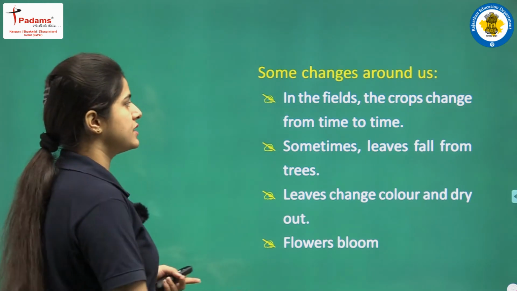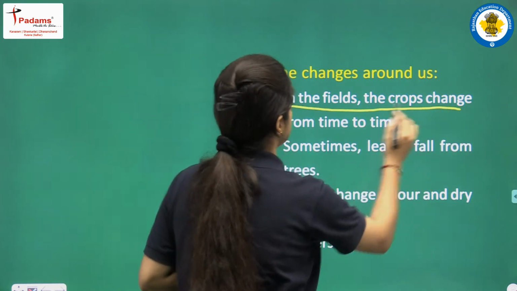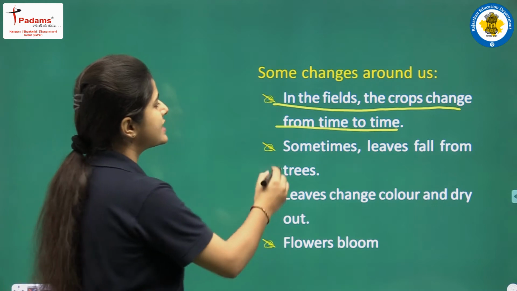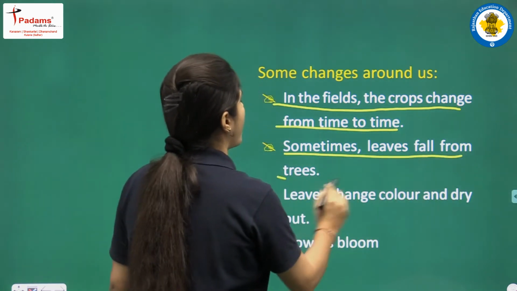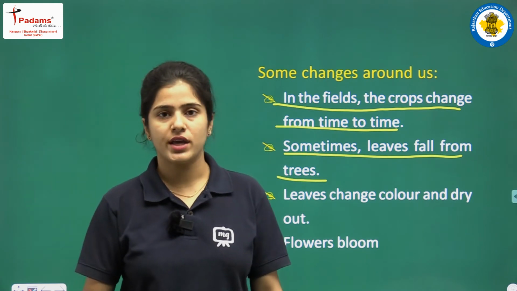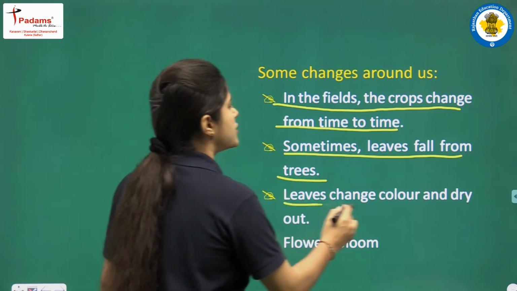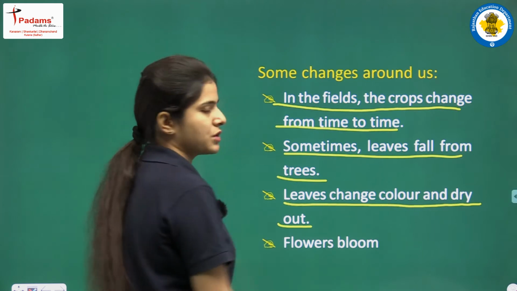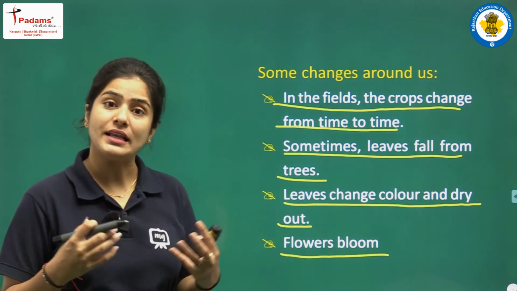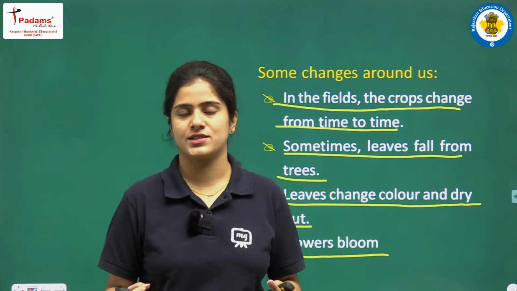In the field the crop changes from time to time. Sometimes the leaves fall from the tree, change color and dry out, flowers blossom, fruit ripens, and so many changes are there around us.